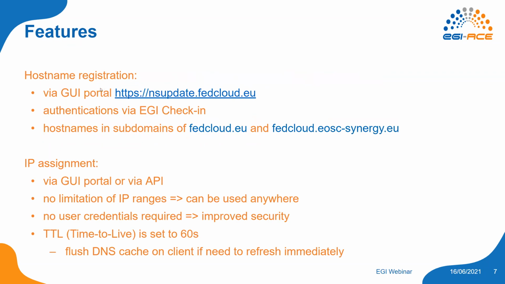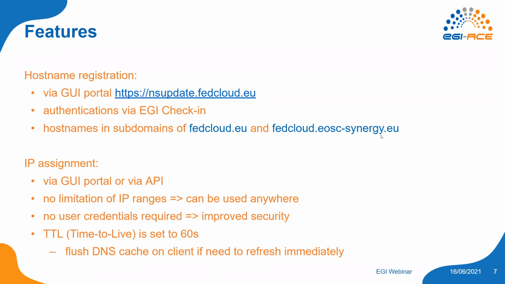Hostname registration, as I said before, is via the portal at this location. You will need an EGI Check-in account for authentication. After logging in, you can register the hostname. Two domains are supported: fedcloud.eu and fedcloud.egi-synergy.eu.